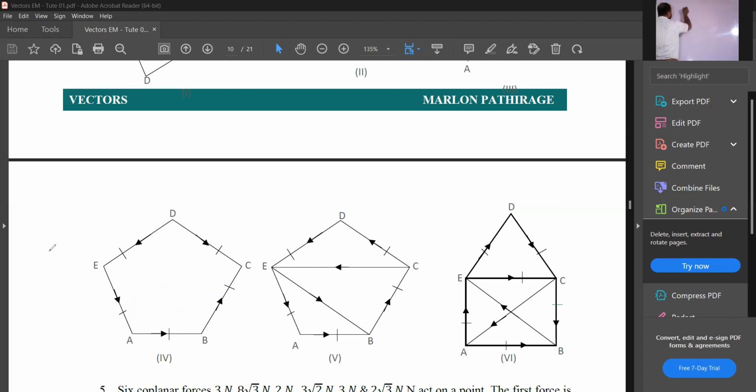Look at this. This is my figure. A, B, C, D, E.